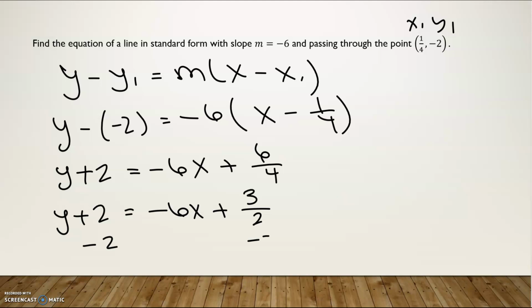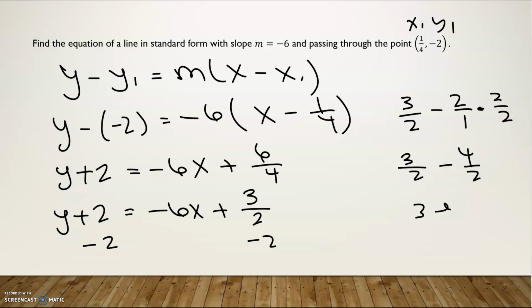Subtract 2 from both sides. I'm going to do a little scratch work. So 3/2 minus 2/1. Multiply that by 2/2. So 3/2 minus 4/2. 3 minus 4 over 2 is -1/2. So y is equal to -6x minus 1/2.